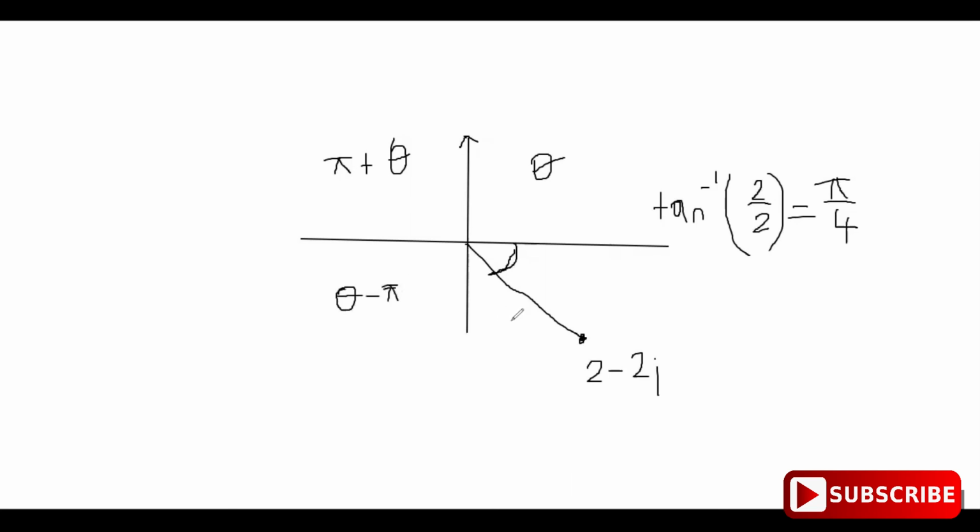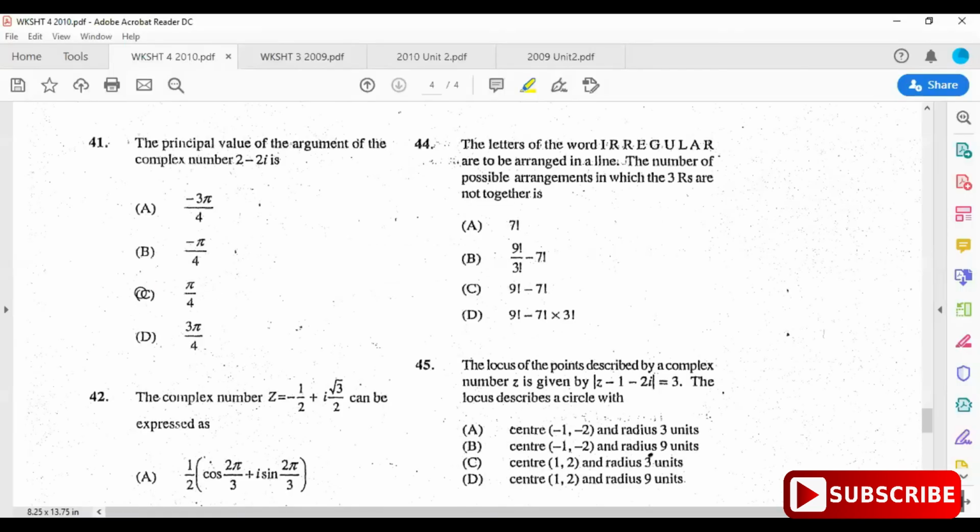And then in the fourth quadrant, it is just theta. Think about it. This is the first quadrant. This angle and this angle are equal. The same thing. And so the angle that we're getting is pi by 4.